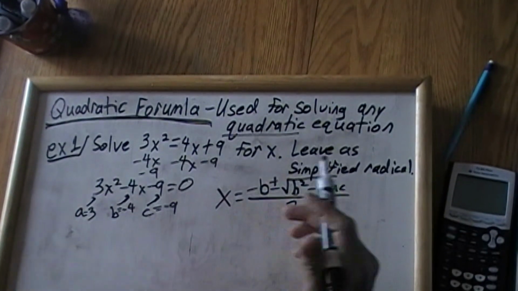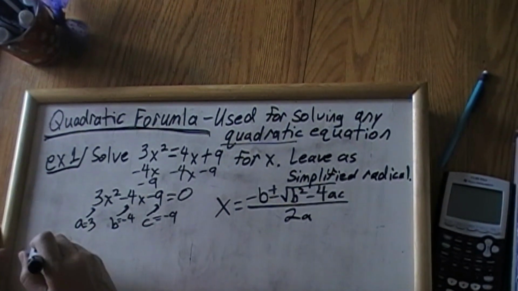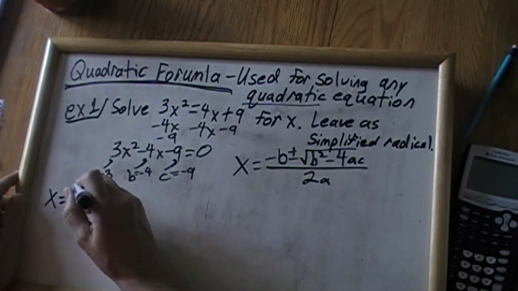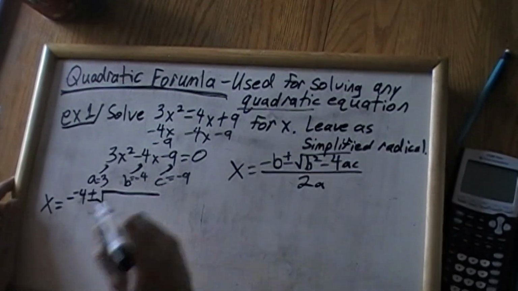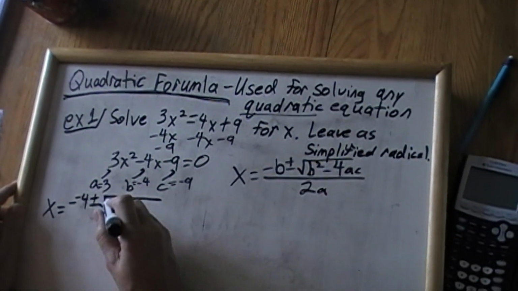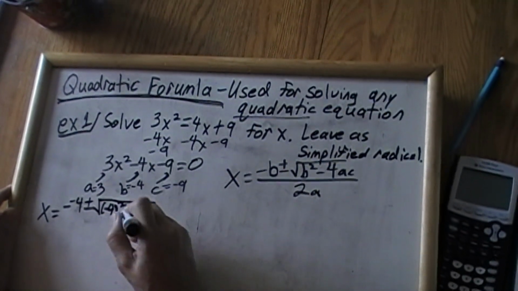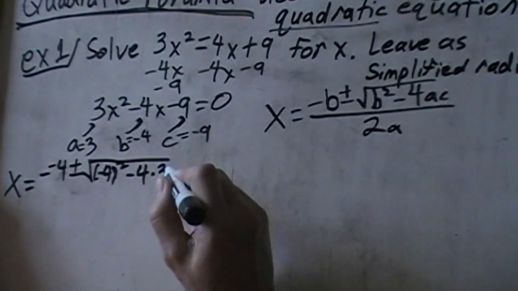Alright, so now we plug it in. We take a, b, and c and we just start solving for x. x equals negative b, so that's a negative 4, plus or minus square root b squared. So this is a negative 4 squared minus 4 times a times c.